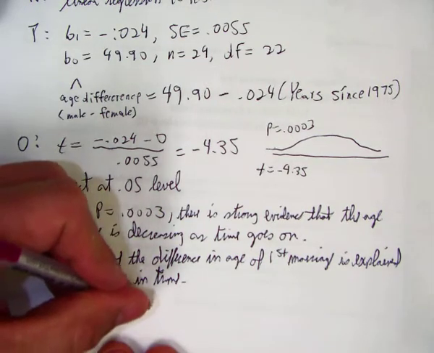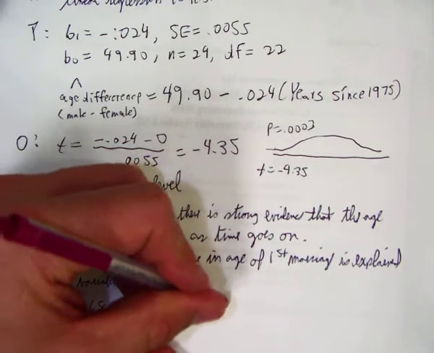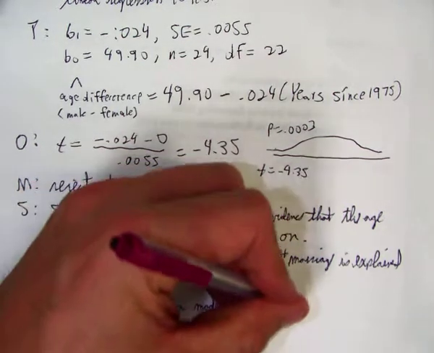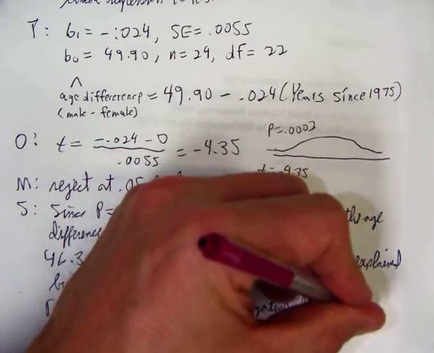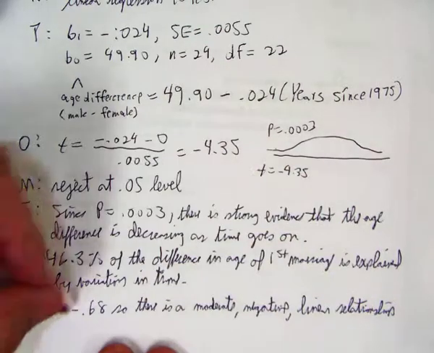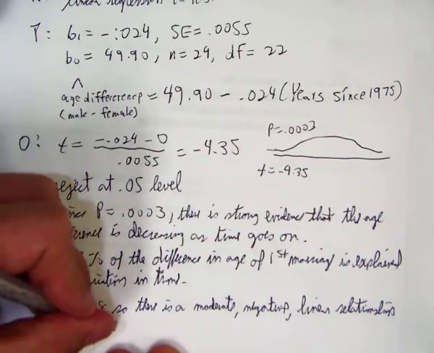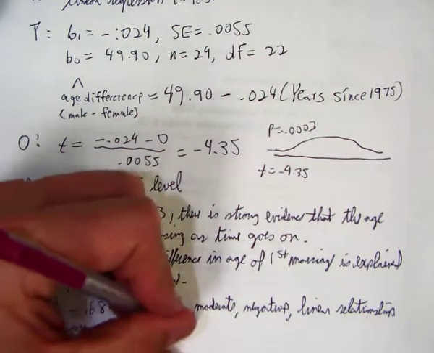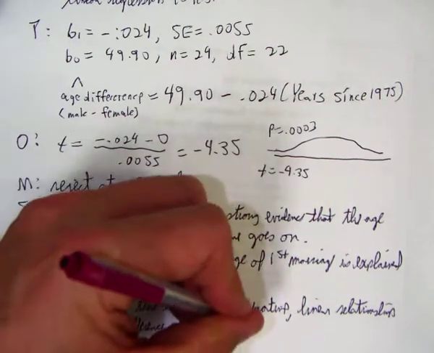So there is a moderate negative linear relationship between age difference of first marriage and time.